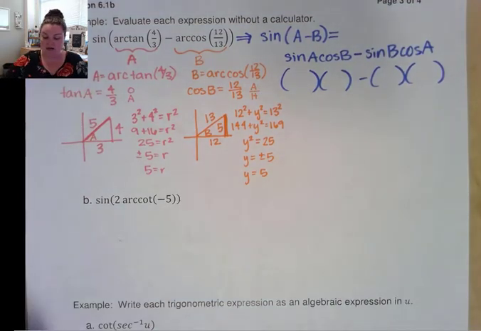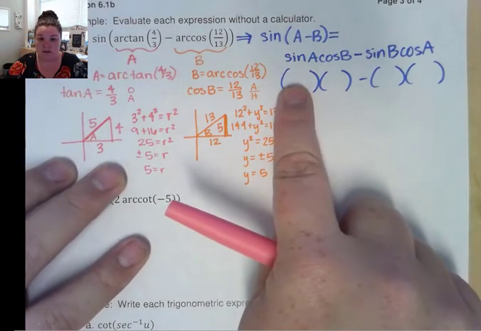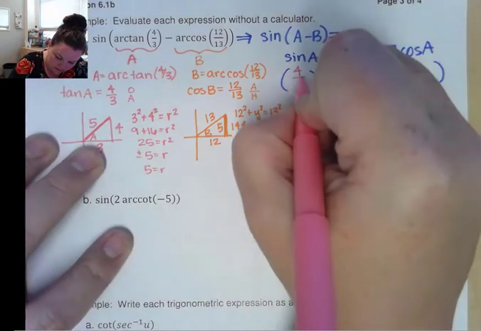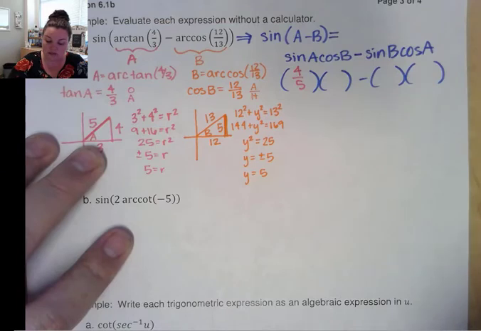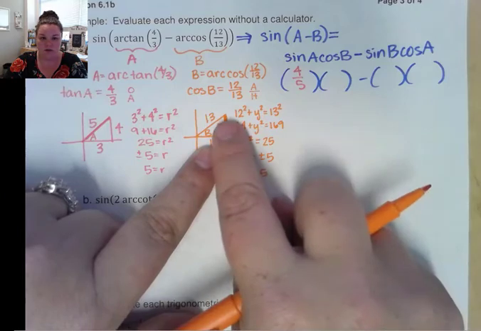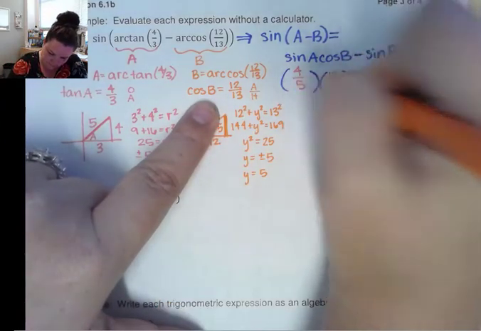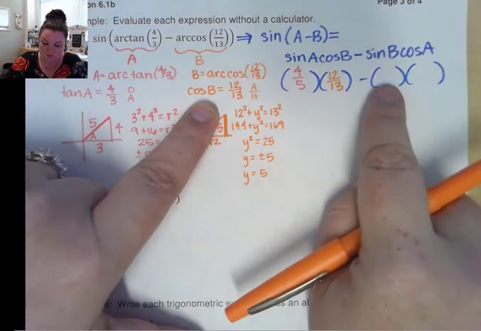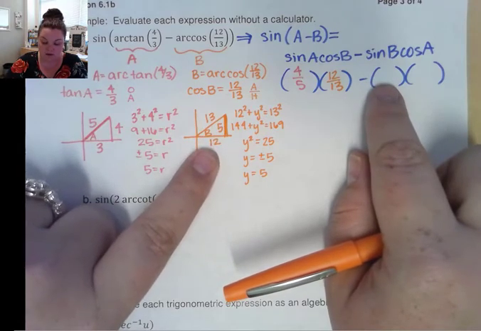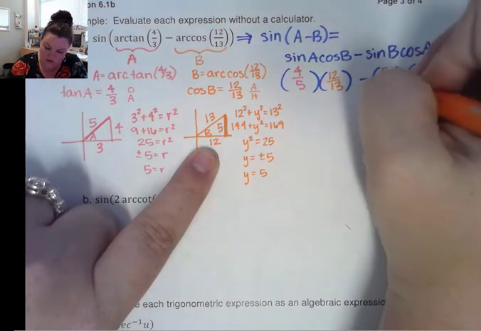Let's look at sine A. Sine of A would be opposite over hypotenuse. Opposite is 4, hypotenuse is 5, so that's 4/5. Cosine B, so here's my B function. We already have it written here. Cosine B is 12/13. Then we need sine B. Looking at our B function, sine is opposite over hypotenuse, so opposite is 5 over our hypotenuse, which is 13.